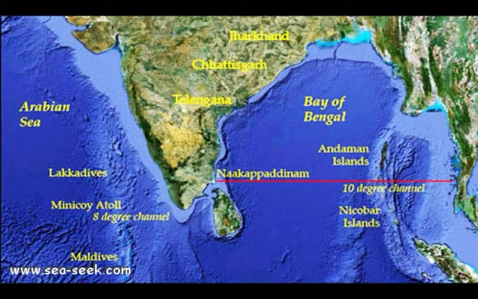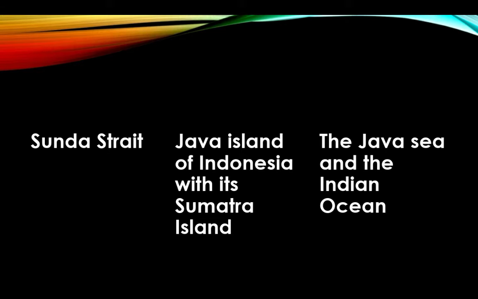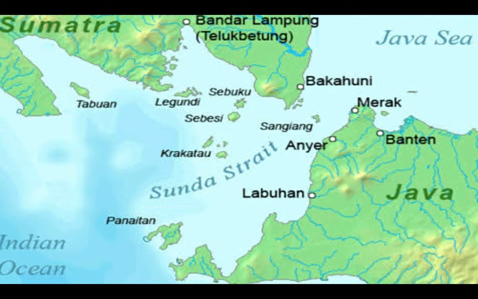Now let's move on to next strait, which is Sunda Strait. The Java Islands of Indonesia with its Sumatra Islands are the contiguous landmasses, whereas the connecting sea or water bodies are the Java Sea and the Indian Ocean. Let's see them on the map. We can see Sunda Strait.